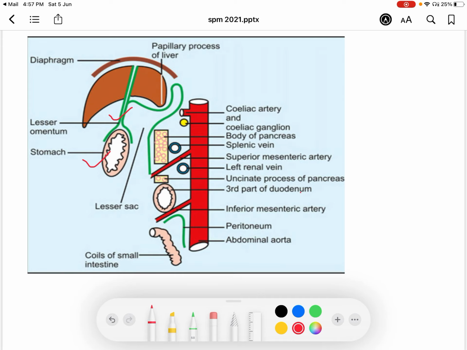You can see here the third part of the duodenum lies behind the lesser sac. This is the lesser sac. So when we study the posterior relations of the stomach, this part lies behind the stomach, behind the lesser sac, and there is the origin of the superior mesenteric artery and inferior mesenteric artery just below the third part of the duodenum.